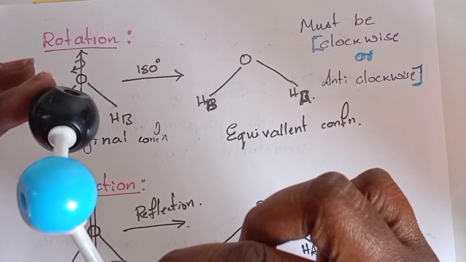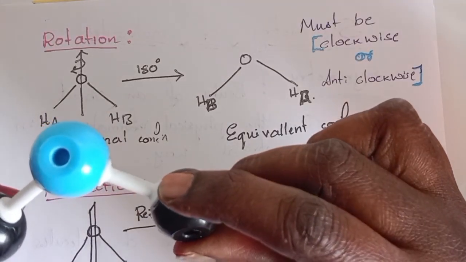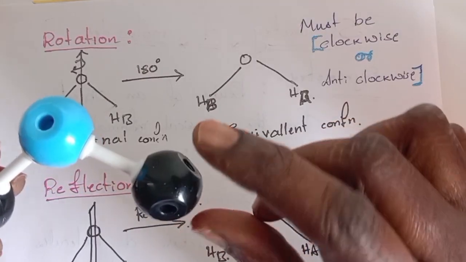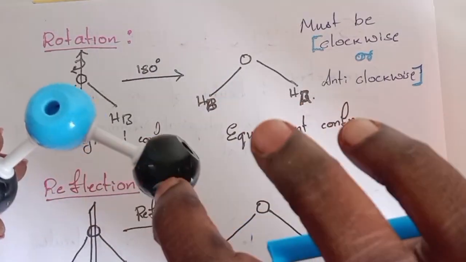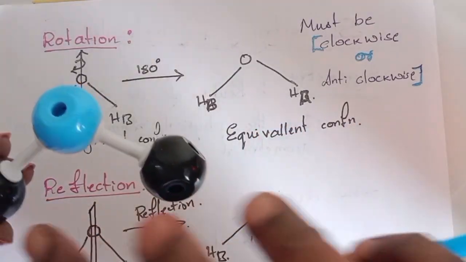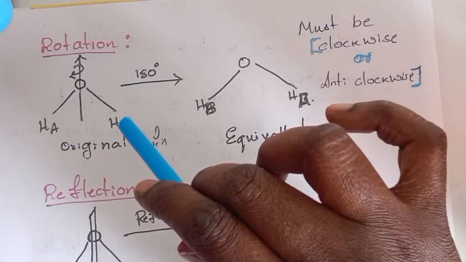By rotating again by 90 degrees, that is a total of 180 degrees, we get a structure equivalent to the original one, with the same molecular formula and structure, but the position of atoms is different. Here HA is here, HB is here.